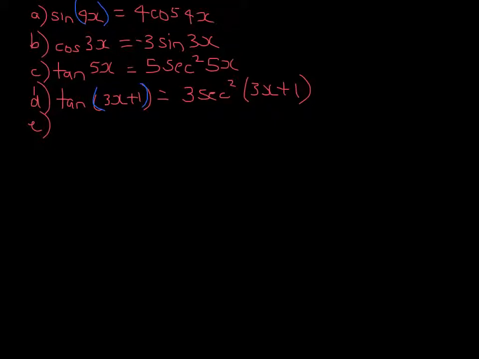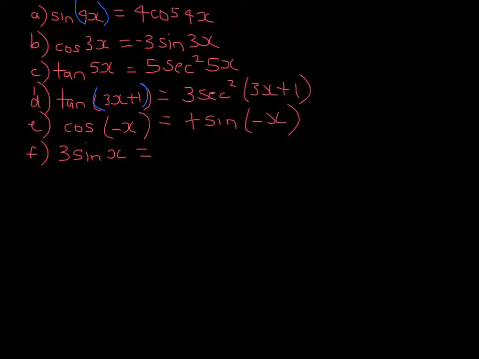E, cos of minus x. Well, the derivative of minus x is minus 1. And the derivative of cos is minus sine. So that's going to change that back to a plus sine, and rewrite the minus x. F, 3 sine x.